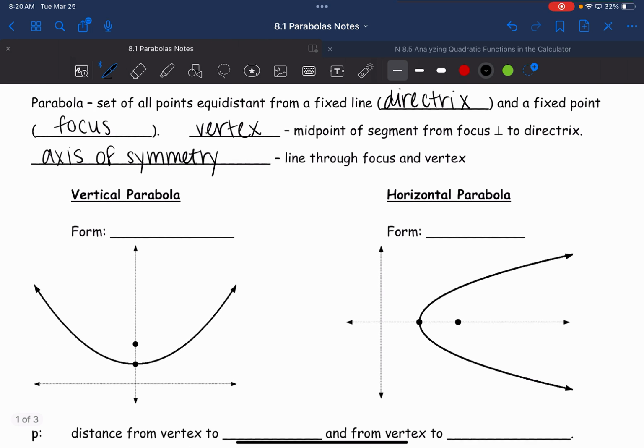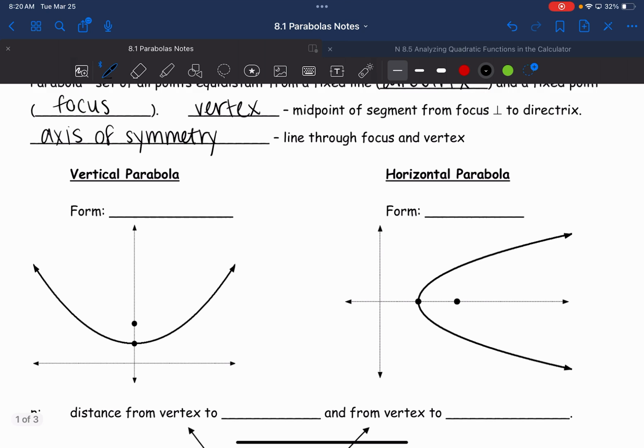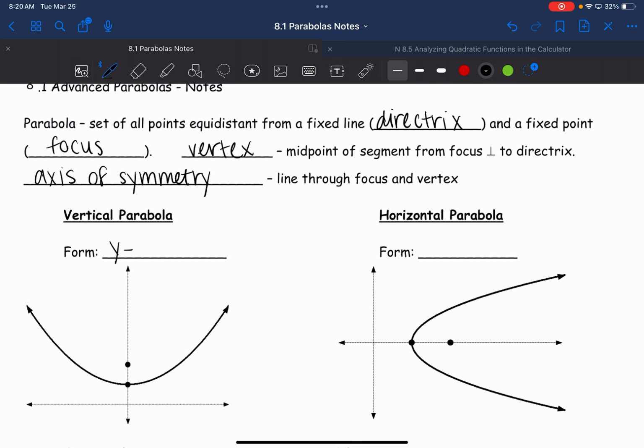All right, so there are two forms of this equation. What you might be expecting to see, like if you were talking about a regular parabola, right? And in this case would be the equation y equals 1 over 4p times x minus h squared plus k, where we know h and k to be the vertex, right?